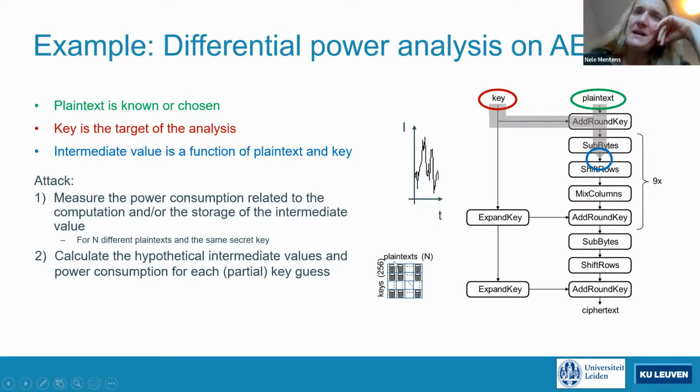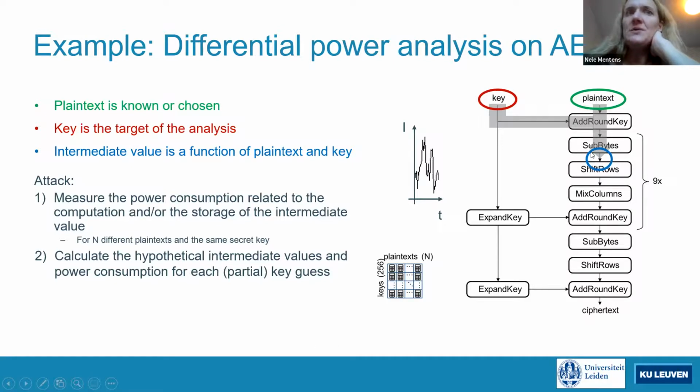So for each applied plain text and for each key guess, the attacker can compute what would be the intermediate value that we have here, because the attacker always knows the plain text and makes now a guess on this least significant key byte. And actually, this least significant key byte only has an influence on the least significant byte of this intermediate value, because these two functions do not shuffle the bits around. They just replace bits and do XOR operations.